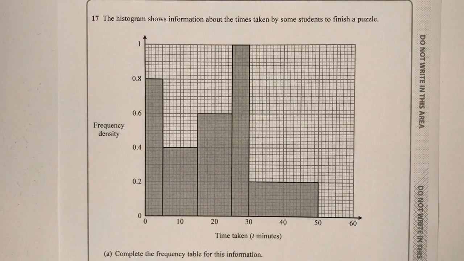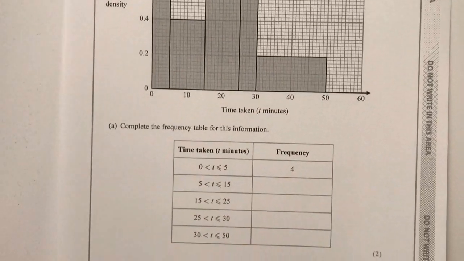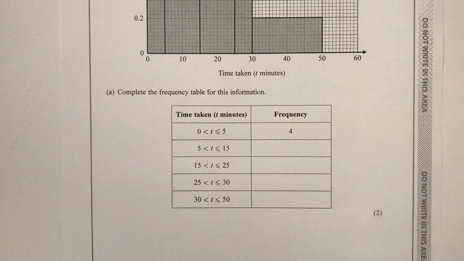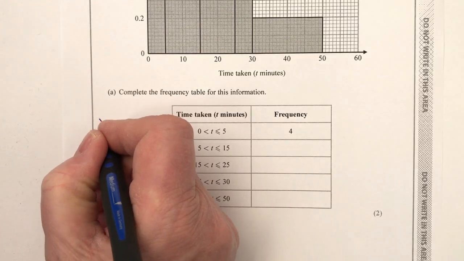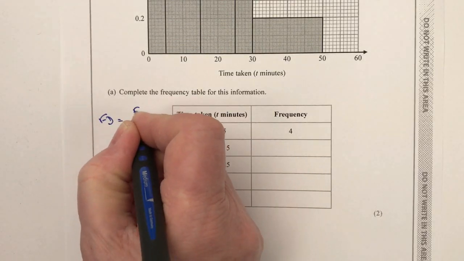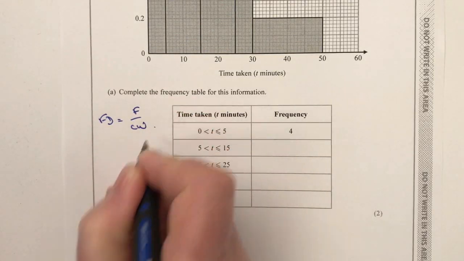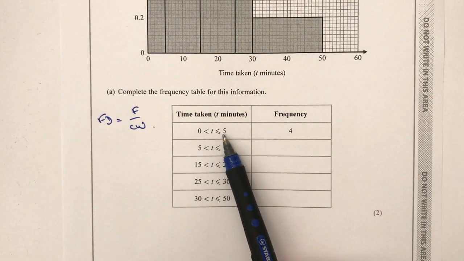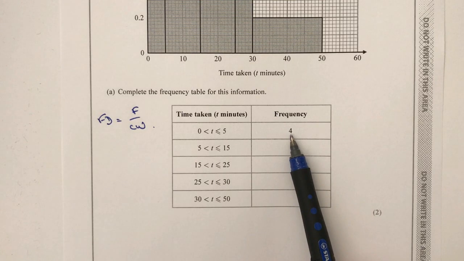Again, if you're not sure, please do have a look at the playlist on the channel about histograms, because really all we're doing is applying a particular formula: frequency density equals frequency divided by class width. With all of these we've got the class width, and in this case we've got a frequency.